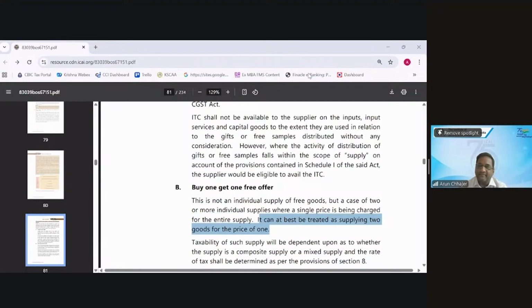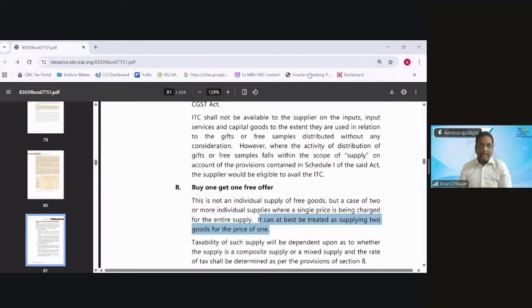The answer is it depends. It can never be concluded that it is always a mixed supply. Why? In the mixed supply, there is an additional condition that price should be single. But in the composite supply, is there any condition with respect to price? In the definition of the composite supply, is there any condition with respect to price?